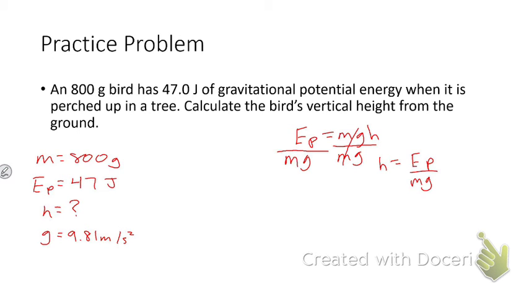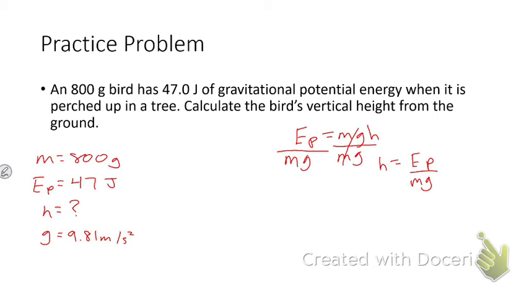Anyways, so h is equal to EP over mg. Now, when we are calculating a joule, what are the units for joules? Kilogram meter squared per second squared. What units is our mass in right now? Grams. So what do we need to do? Convert it to kilograms. Good.